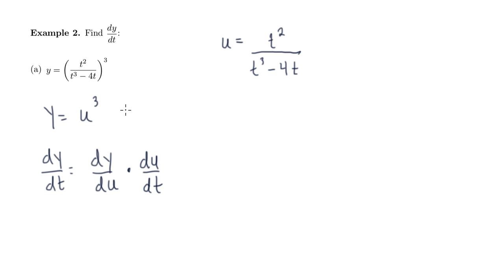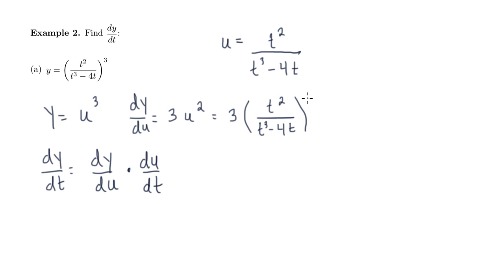And so dy du is really simple. Dy du is just, well, 3u squared. Or, okay, what is u? U is really this t squared over t cubed minus 4t. So 3 times t squared over t cubed minus 4t, squared.